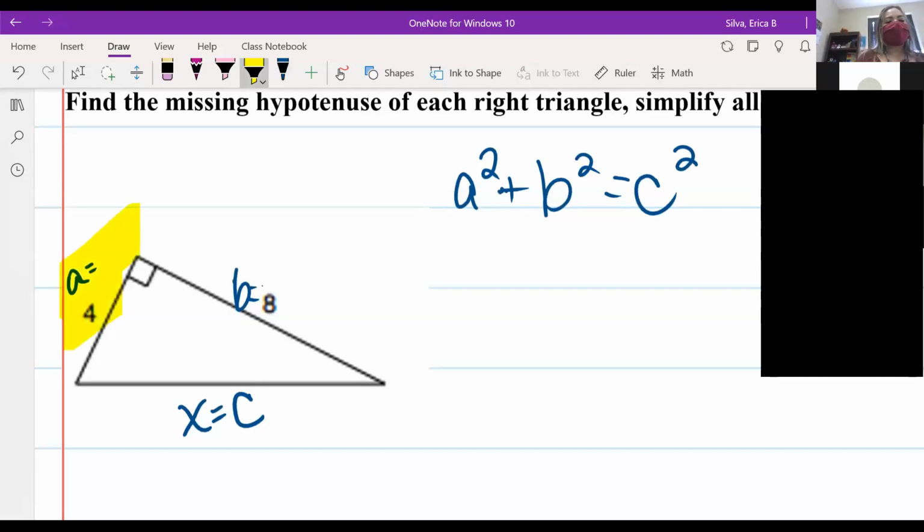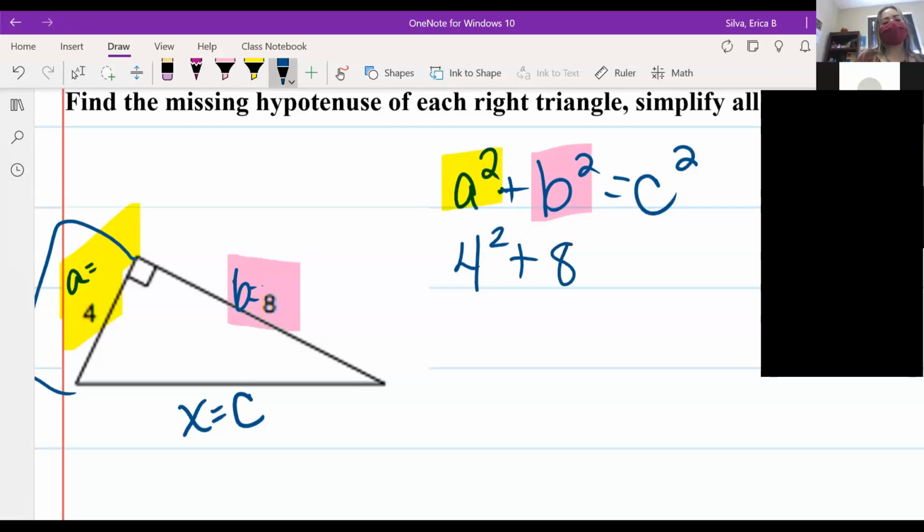So we have A is equal to 4, and we're going to square the 4. Remember, squaring it means we're creating that square. And now we have B, and B is equal to 8. And what do we have to do to that 8? Square it. And that's going to give us our C, and we call that X.